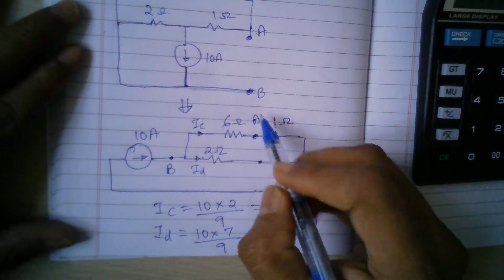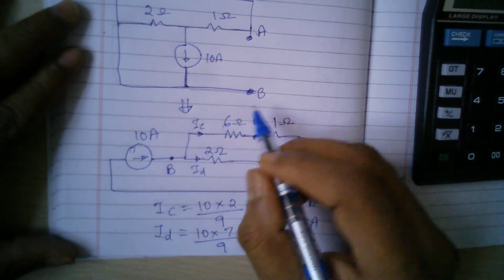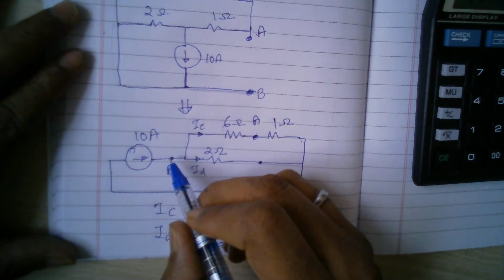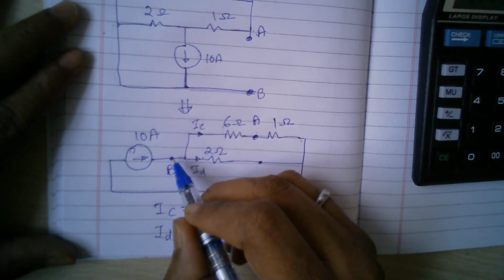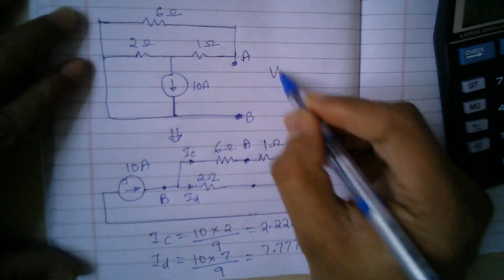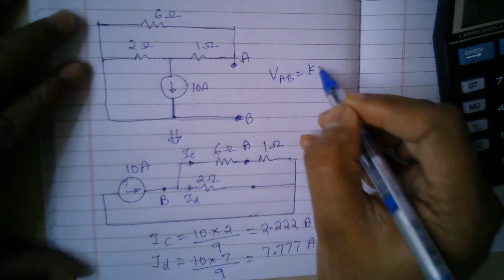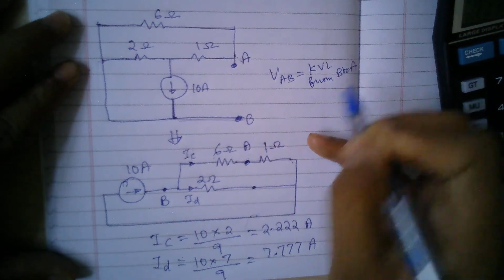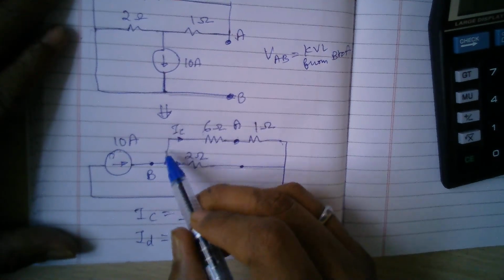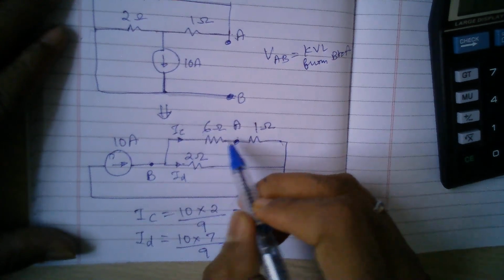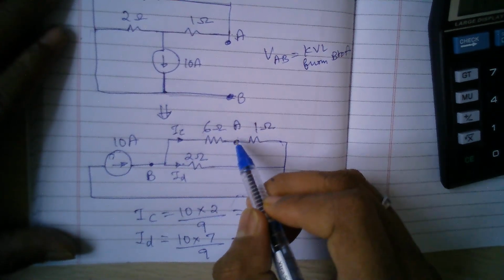Now I need to find VAB, so voltage of A with respect to B. Simply I'll apply Kirchhoff's voltage law from B to A. Okay, so what is that VAB? VAB is nothing but KVL from B to A. So I started at B. Now if I go here, you notice that I'm going in the same direction as the current, so voltage is reducing like this.